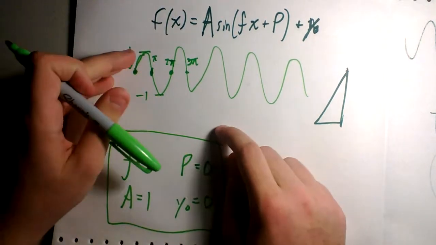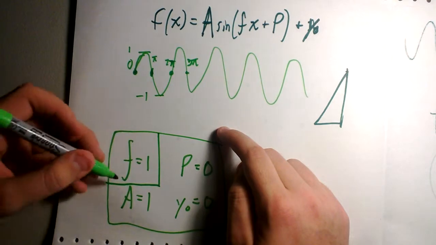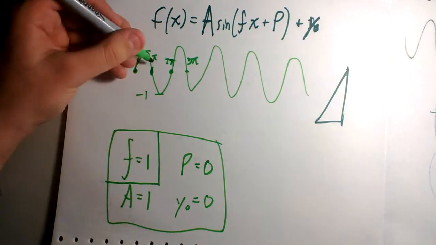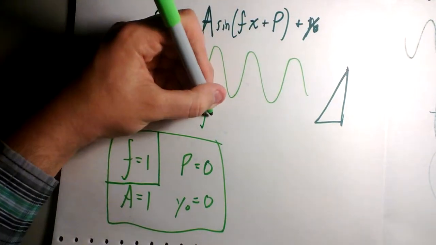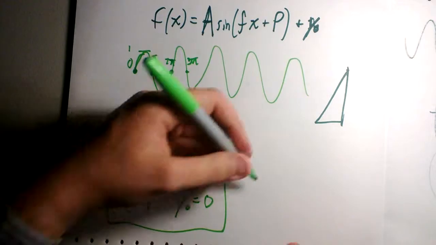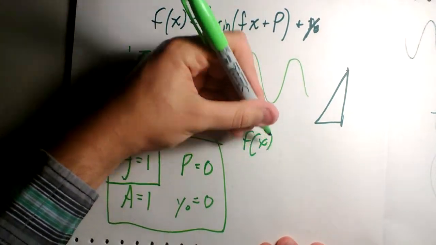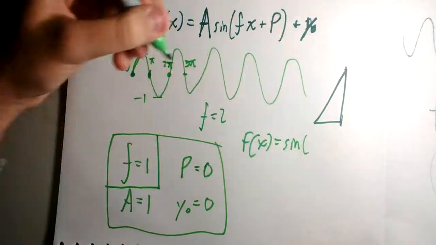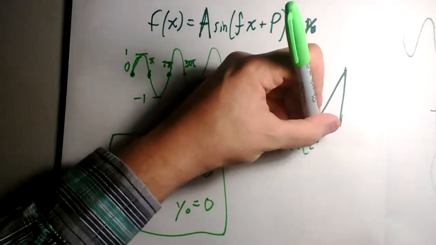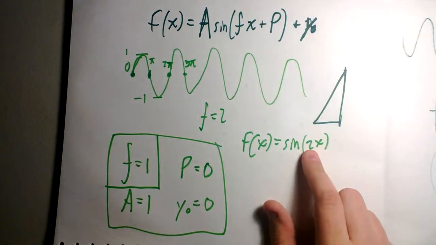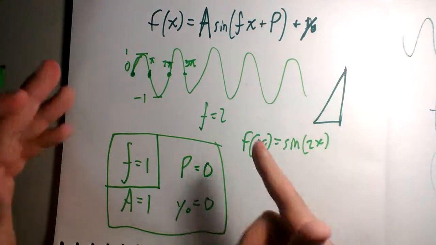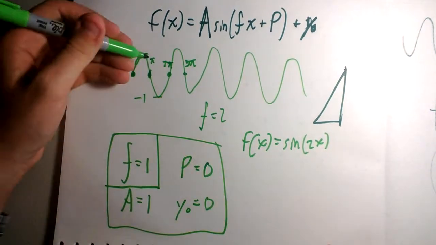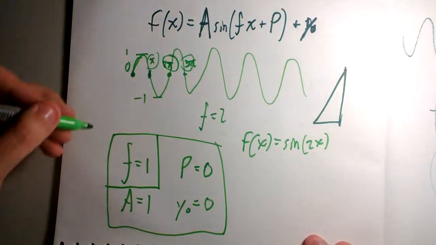All right, so if we increase f, then this angle will scrunch up, because let's say f is 2, and everything else is the same. So now our function for waves is sine of 2 times x, all right? So that means that at twice, it'll take half the time, I say half because it's 1 over 2, half the time to get to these points when it's equal to 0.